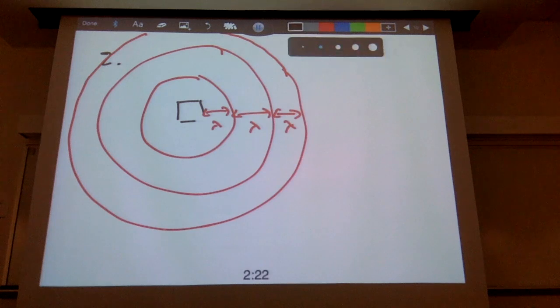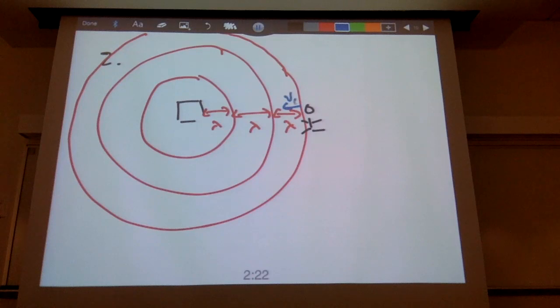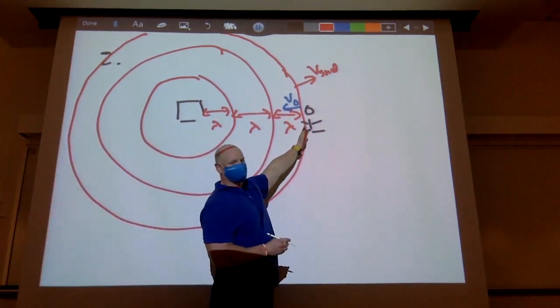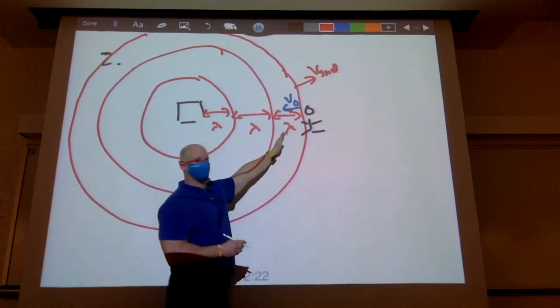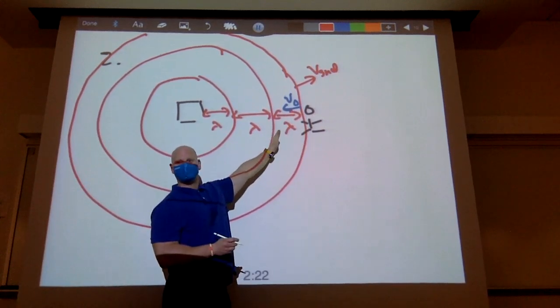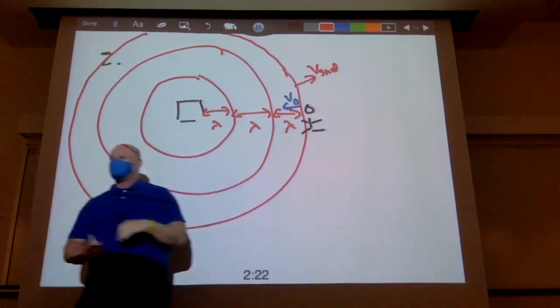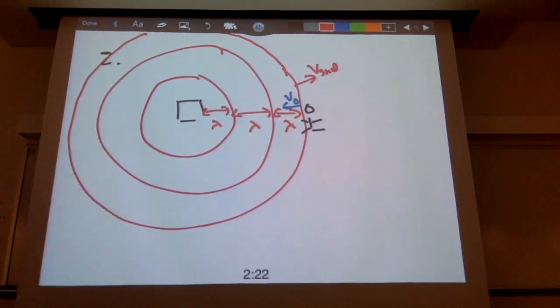Now in this case, if I take an observer who's walking in the direction opposite to the direction of the wave, so my observer is moving this way while the speed of sound is moving this way, basically the same thing happens. As this person is walking, he's going to encounter this wave, but as he keeps walking forward, he's going to encounter the next wave at a much sooner rate than he should, because he's moving towards the wave.